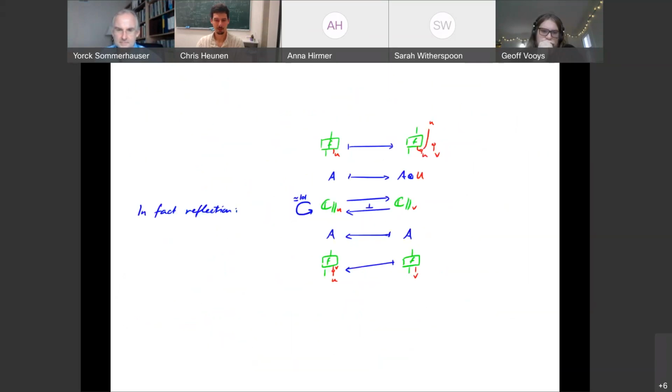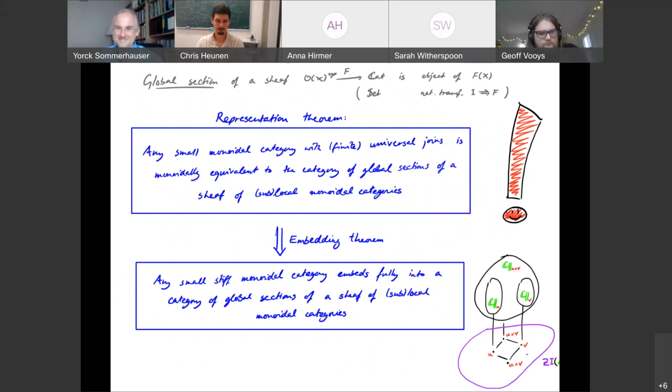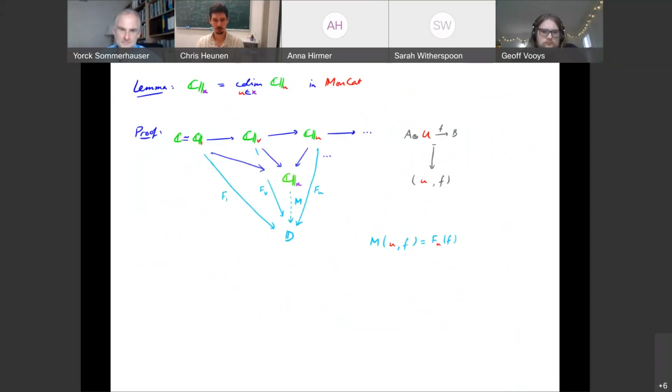Yeah, that's the kind of thing I try to repress and not think about. So in the representation theorem, we ask that the thing you start with is small. That's one way of avoiding it, which means that when you take this colimit of categories in the category of monoidal categories, all of the things themselves are small. So that way you prevent all the size issues. I think you can maybe say something about more general classes of sets or collections.